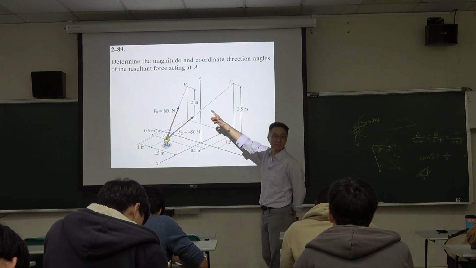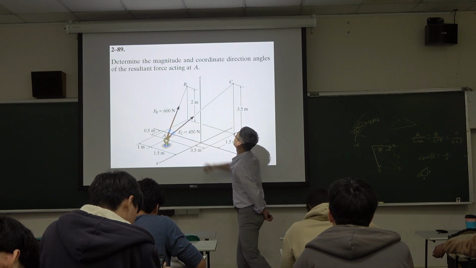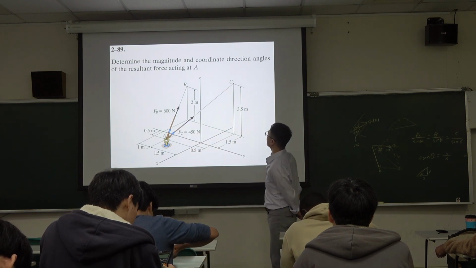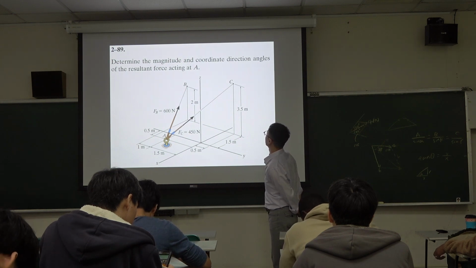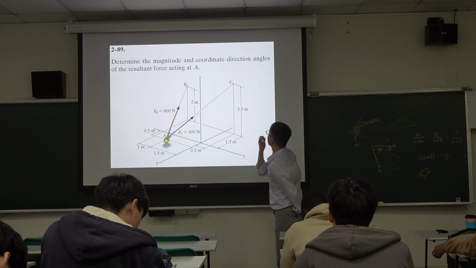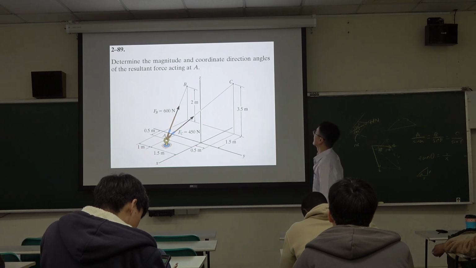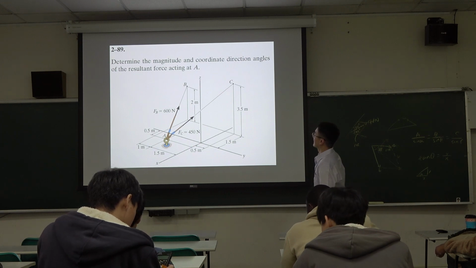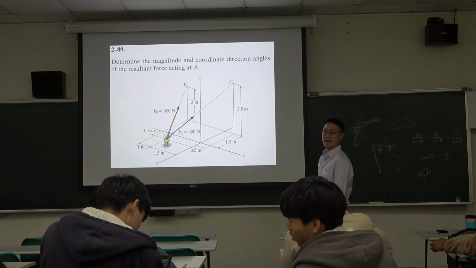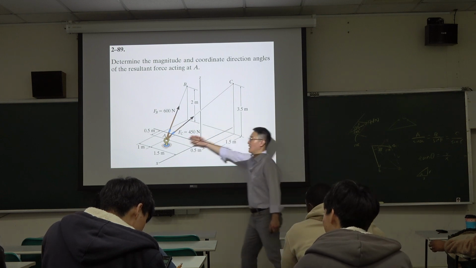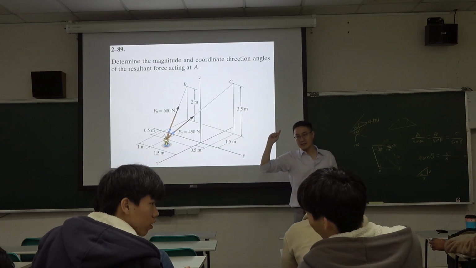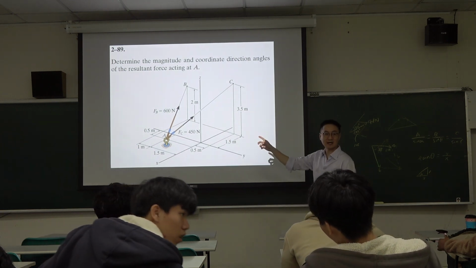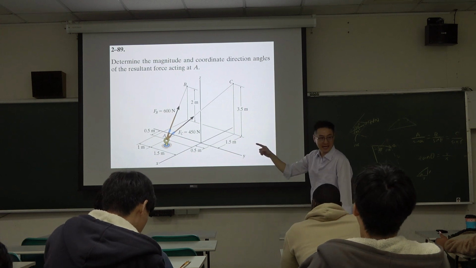So it's the resultant force for point A. Then for our final resultant force expressed as a Cartesian vector, we can also work out its scalar.